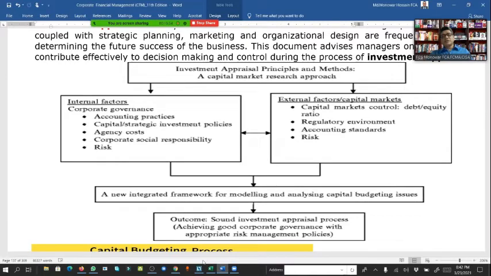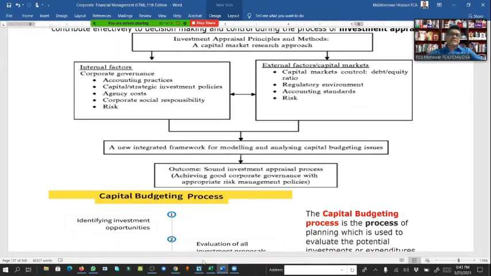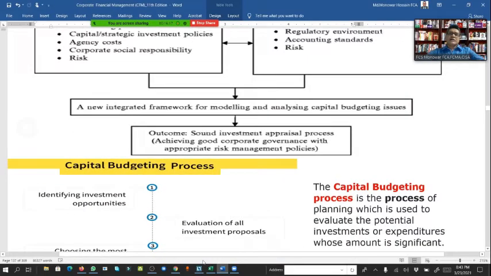We know the regulator of the capital market is the Securities and Exchange Commission, and for banks it is also the Bangladesh Bank, and for any government entity, the regulator is the government. So accounting standards, risks, etc. are external factors, and a new integration network added with that adds value within the organization.